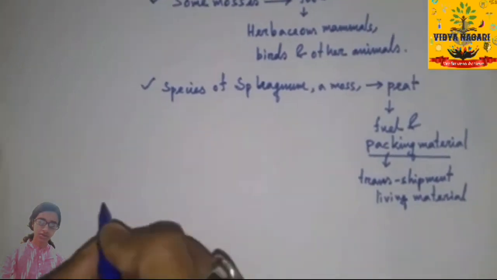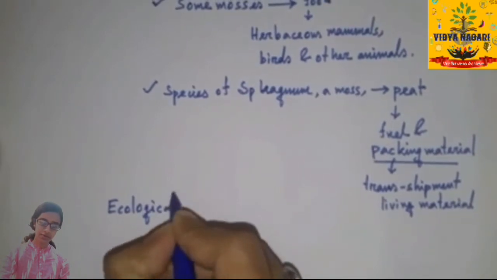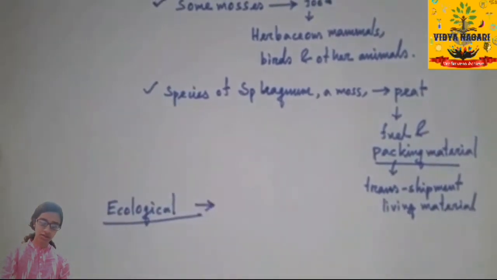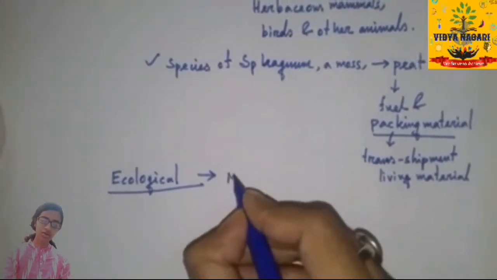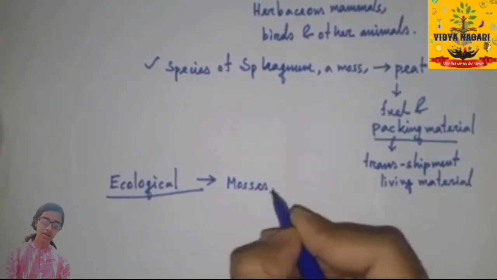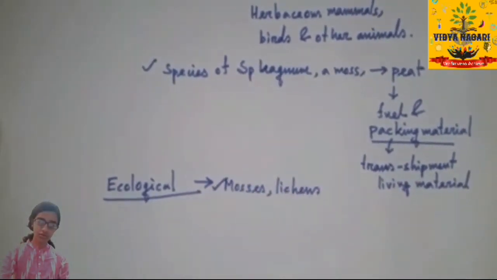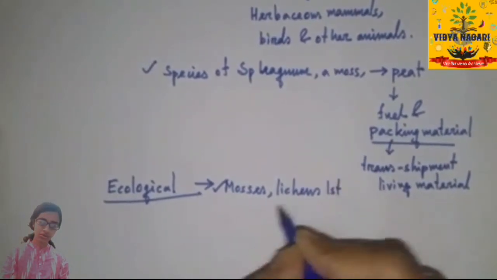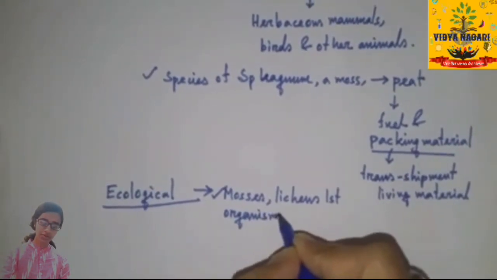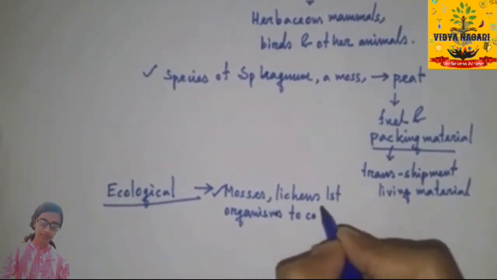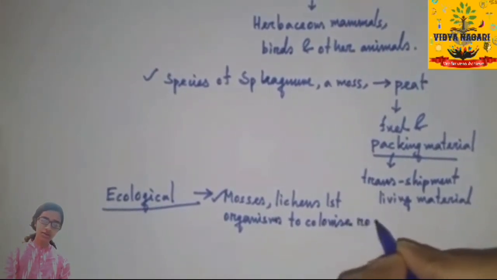Now their ecological importance. Mosses along with lichens are the first organisms to colonize rocks.